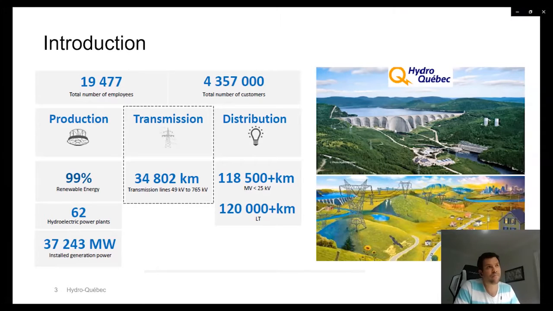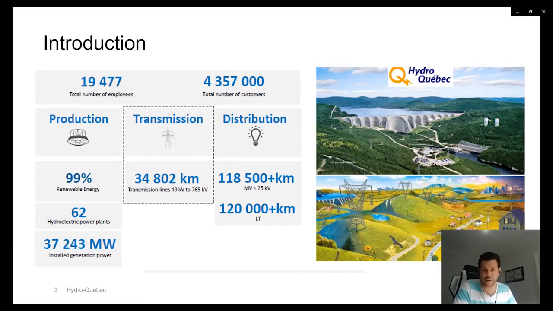Because of the Quebec geography, we have a wide transmission network, because most of our production is located in the north of the Quebec province, and our consumers are located in the south, like Montreal or Quebec City and so on. So that's why we have to transmit the energy from the north deep to the south of the Quebec province.